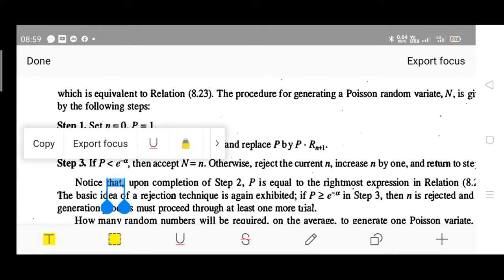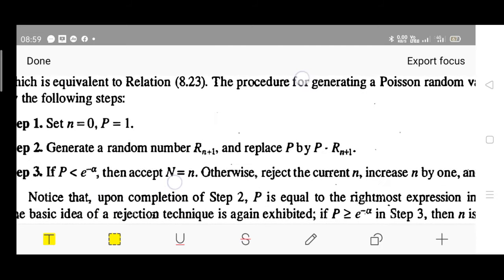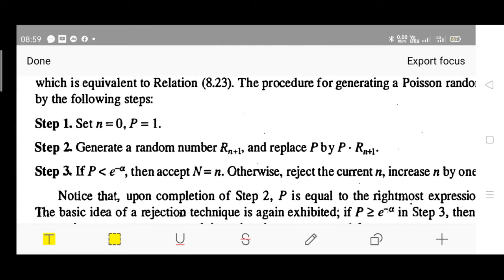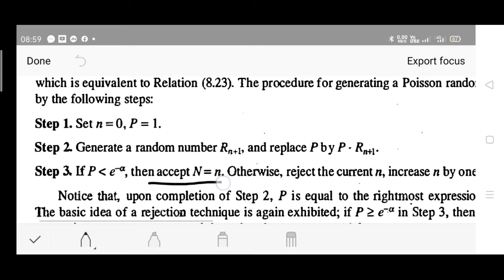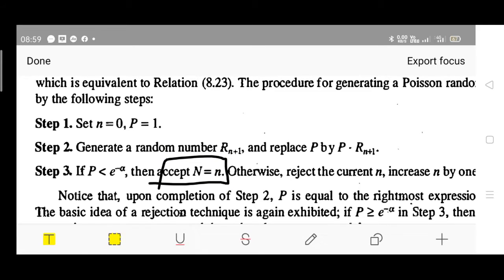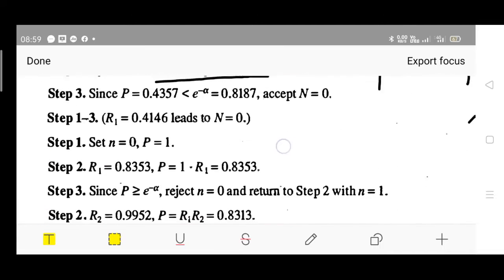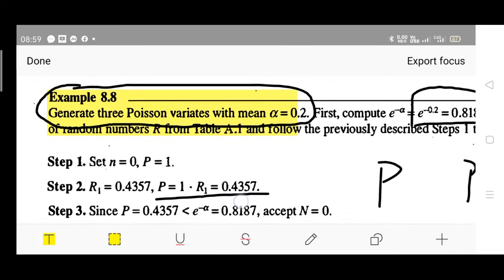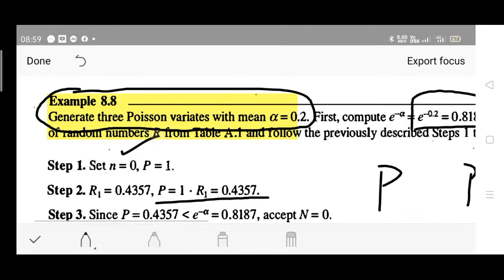So if P is less than e to the power minus alpha, then accept capital N equal to small n. What is the small n value? Small n value is 0, right?